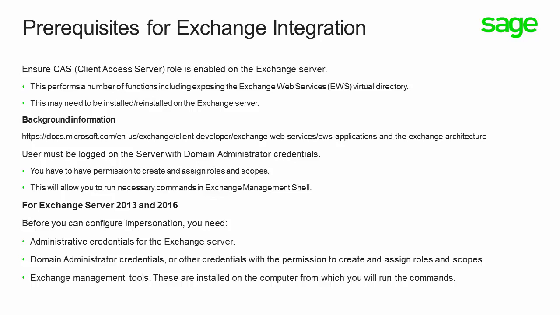So you're going to have administrative credentials on the Exchange server, domain administrator credentials, and any other credentials to assign the roles and scopes, as well as having the Exchange management tools. This probably means that you're going to need to work with the administrator from the customer in order to achieve everything that you want.